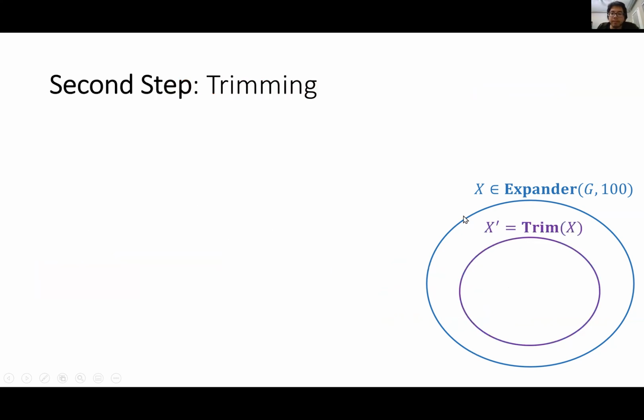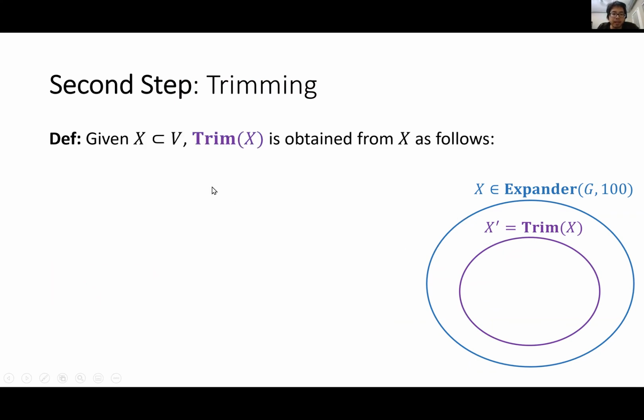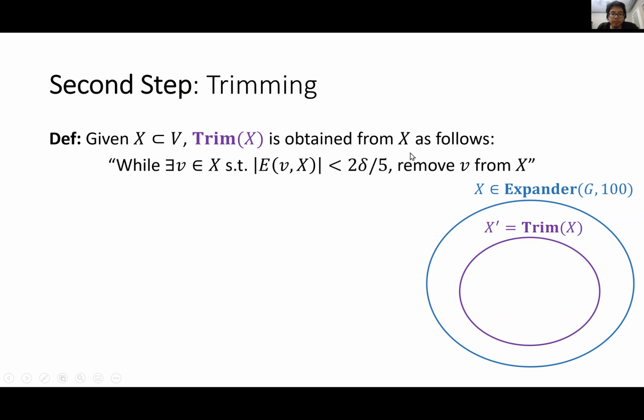That's the first step. The next step is called trim. So given any set of vertices X, trim of X is obtained from X as follows.